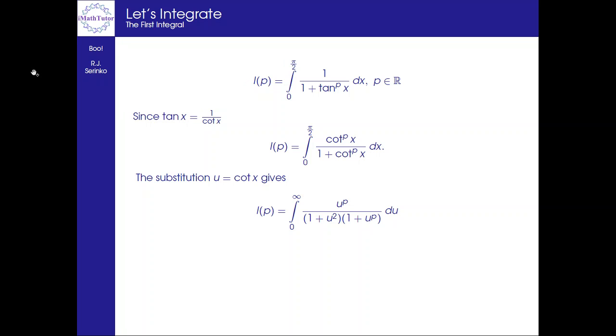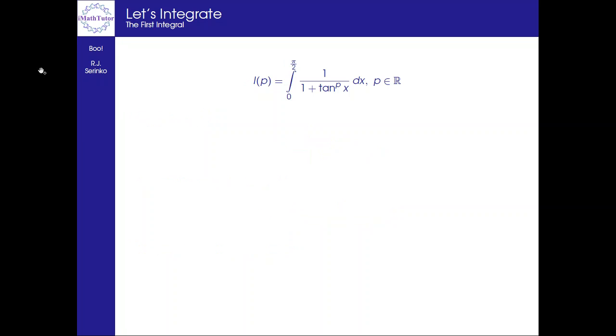Now, looking at that, again, if p were an integer, we'd have a rational function, and partial fractions could be used to integrate it. But we're not restricting p to the integers, so it looks like this route doesn't get us anywhere any better. Before we move on, let's compare the two results that we found.